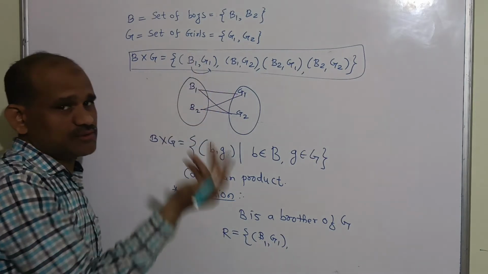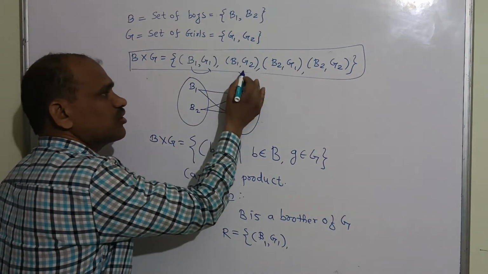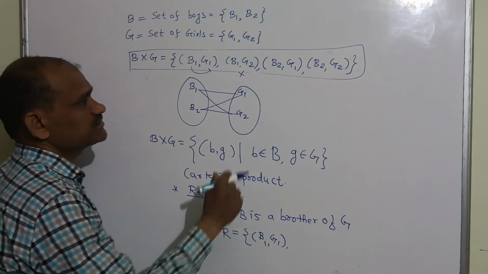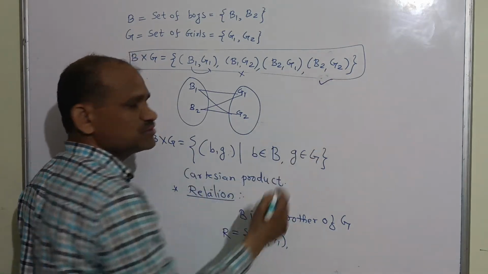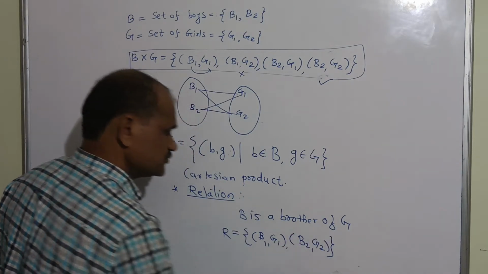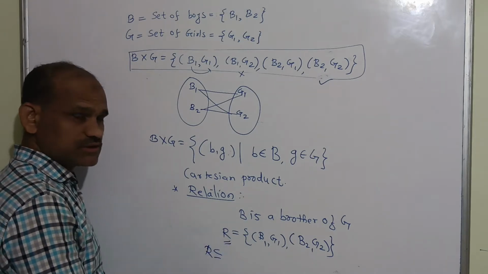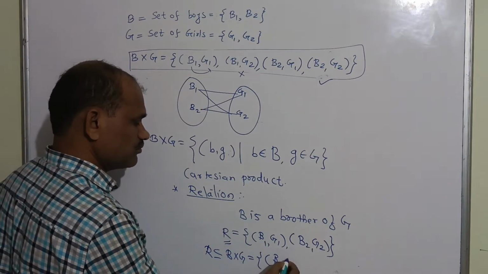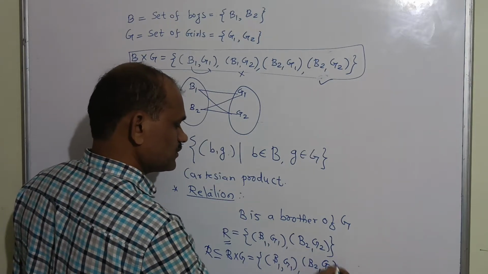B1 may not be a brother of G2. Suppose B1 is not a brother of G2, then this ordered pair should not be contained in this relation. Suppose B2 is a brother of G2, then we can take B2 is brother of G2. So a relation is a subset of this cross product.